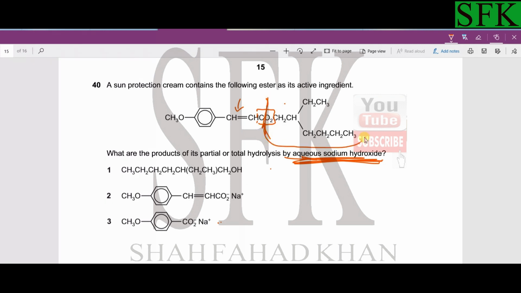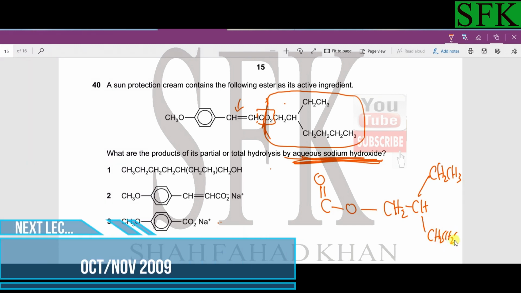The compound that is formed from the right-hand side is going to be your first compound. Since this is double bonded with an oxygen, then the remaining CH2 and the CH, bonded to a CH2, CH3, and then bonded to CH2, CH2, CH2, CH3, this will break and get an OH group on the right-hand side. So one is possible.